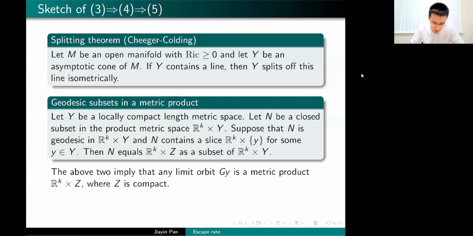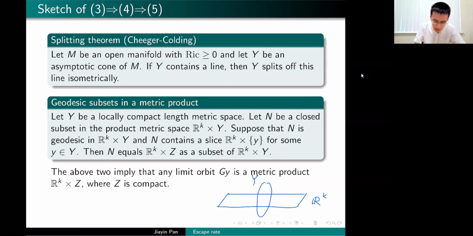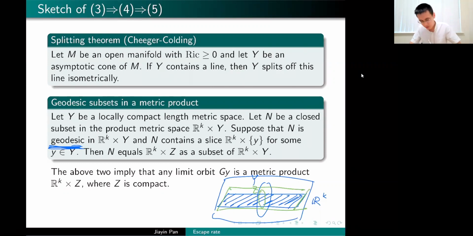If you have a locally compact length metric space Y and a closed subset inside the metric product R^k times Y, let's say this is R^k, and this is Y. If you have this capital N as a geodesic subset inside this metric product that contains a slice, let's say it contains this slice, then it must be a product inside this R^k times Y. This is the entire R^k times Y. Then N is indeed R^k times a subset Z inside Y, so it will be this product.